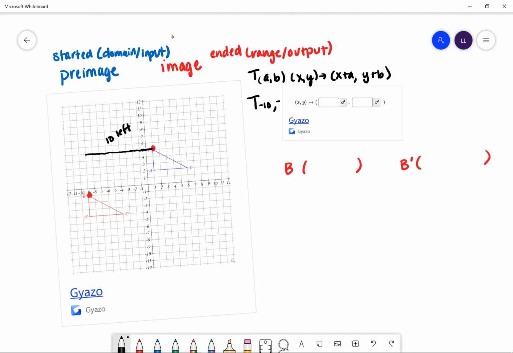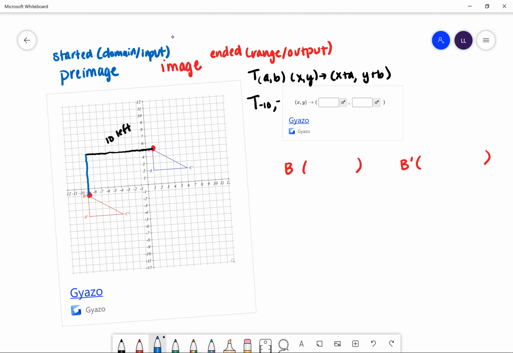Okay, next, I want to move down to get to the B prime. So 1, 2, 3, 4, 5, and 6. In a translation, whenever you translate a picture, all the points move the same distance in the same direction.